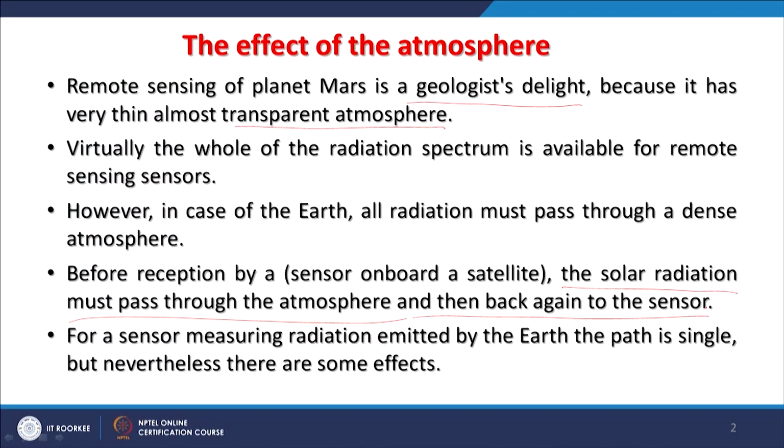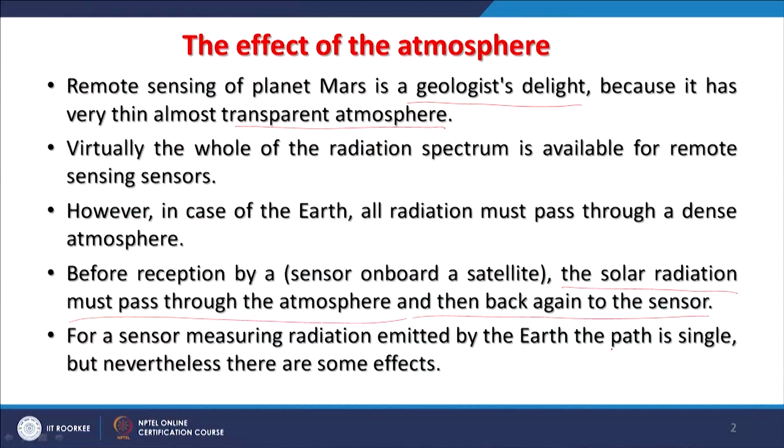So, this kind of complication is there. As we know, for a sensor measuring radiation emitted by earth, in the case of thermal infrared, the path is single, not double as in the case of reflection or solar-based radiation, because sunlight will come, interact with the atmosphere, and then when it is reflected back by the objects, it goes back through again. A third time, the atmosphere also plays a role when the data is received by the earth station, but because that data is in the microwave part, it does not affect much, but still there are roles.